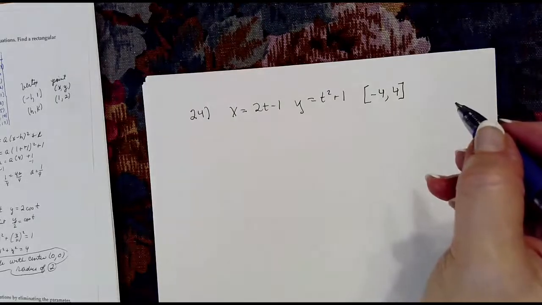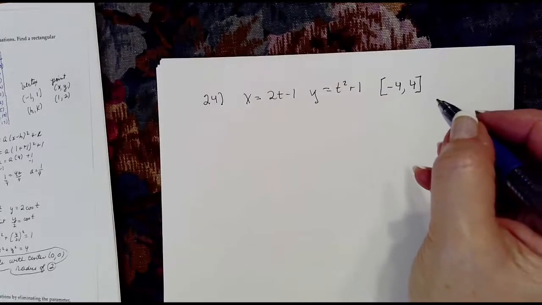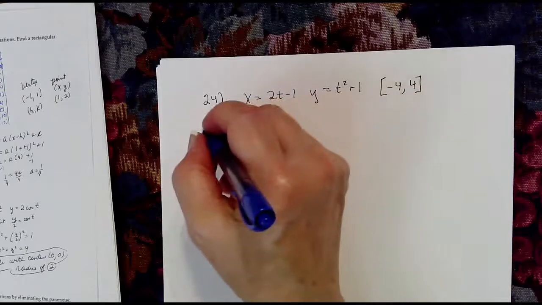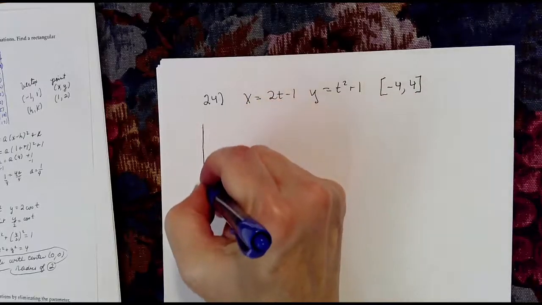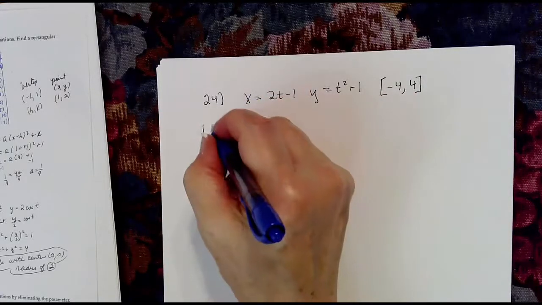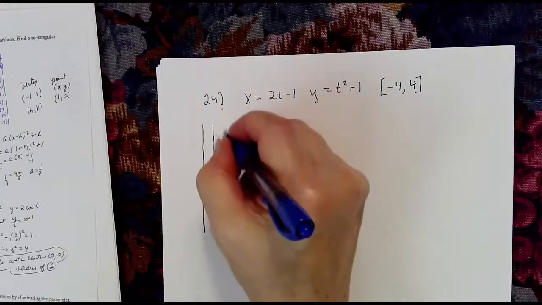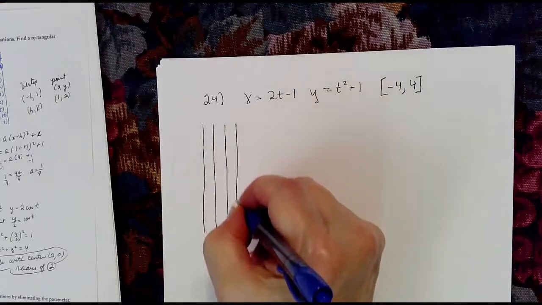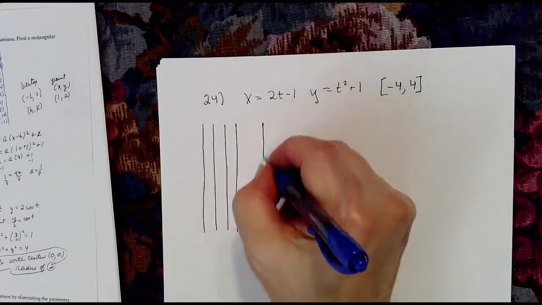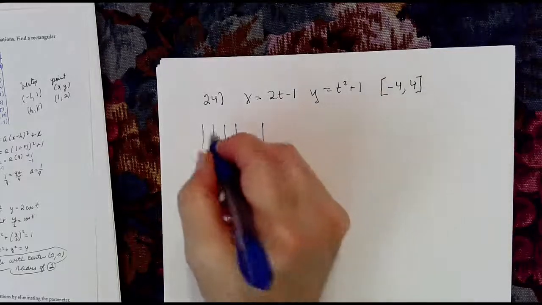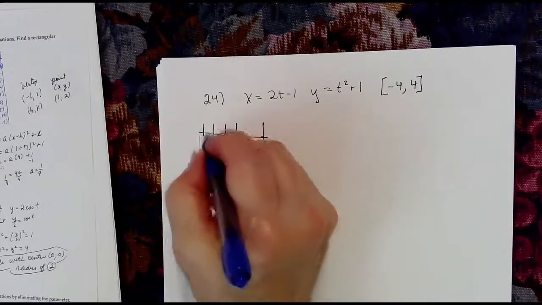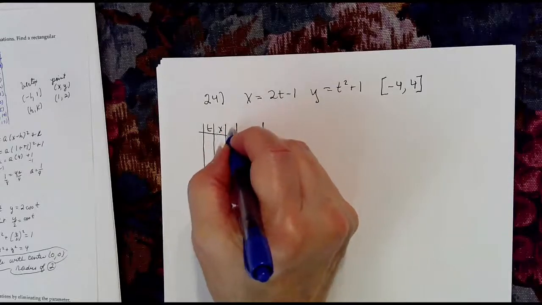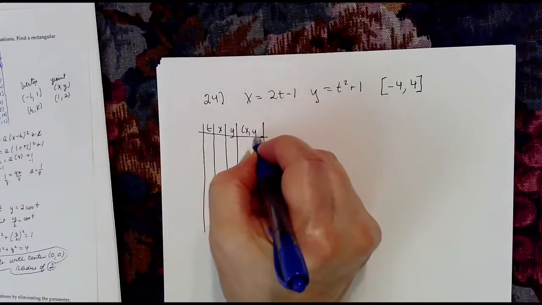Okay? So when we did these in class, we said the first thing we're going to do is make a chart. So we're going to build a chart. And that last column is going to be a little wider because that's where the ordered pair goes. So we've got t, x, y, and (x, y).